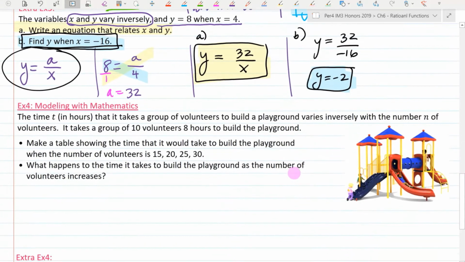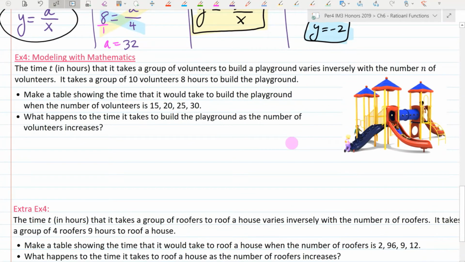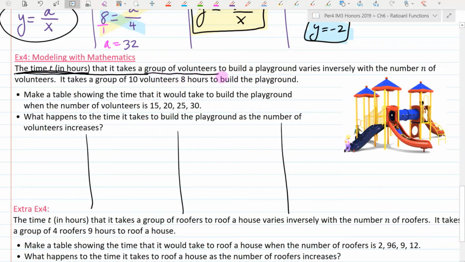All right. Let's go ahead and do the next problem. For the next problem, 1, 2, 3, and then the fourth one's going to actually have a whole bunch of answers, so you'll see that in a minute. The time that it takes in hours for a group of volunteers to build a playground varies inversely.